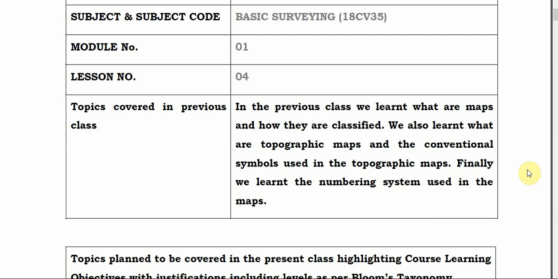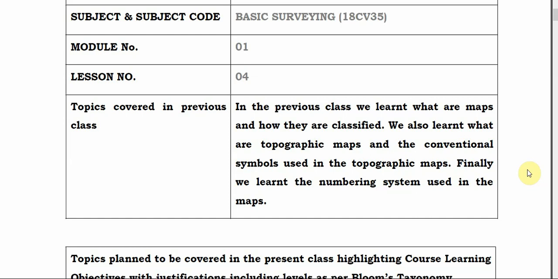In the previous class, we learned what maps are and how the maps are classified based on various aspects such as scale of the map and purpose of the map. Based on scale, maps were classified as large scale and small scale maps.